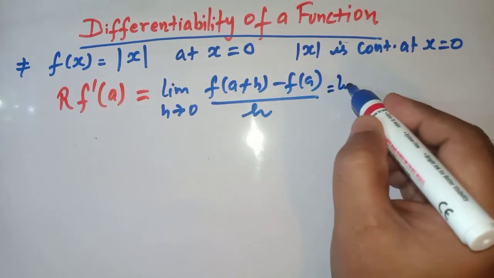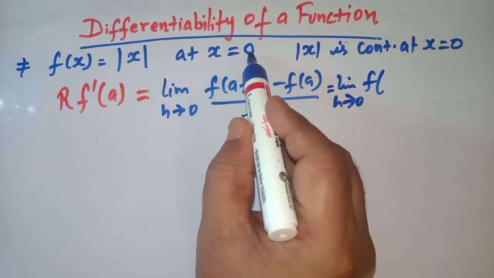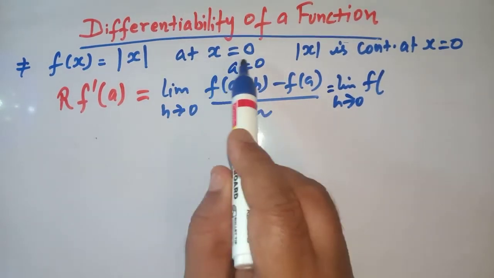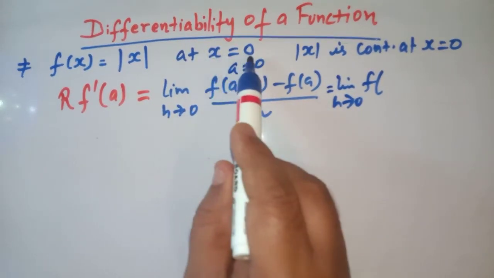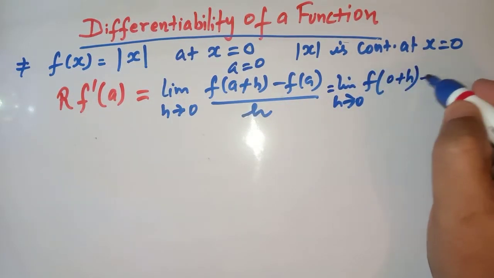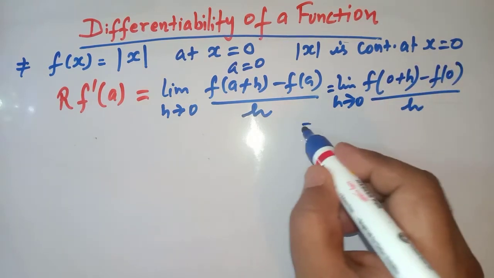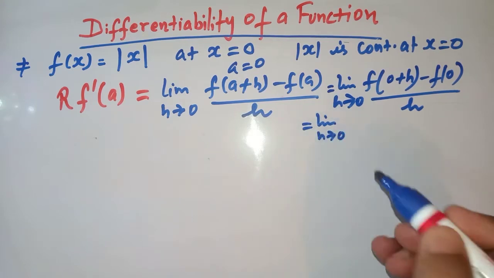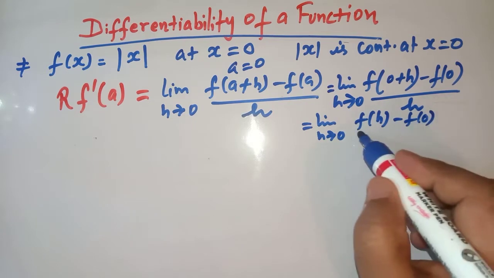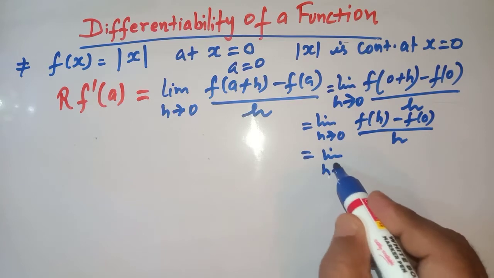Here we have a is equal to 0 because we have to test the differentiability at x is equal to 0. So we have f(0 plus h) minus f(0) over h. Clear? So we have limit h tends to 0 of f(h) minus f(0) over h.